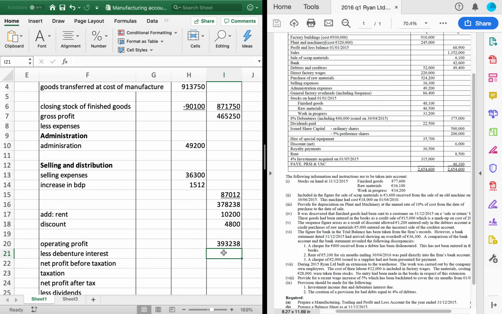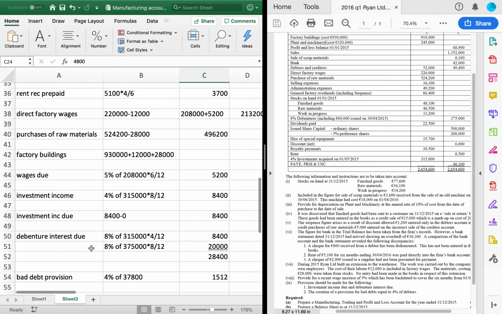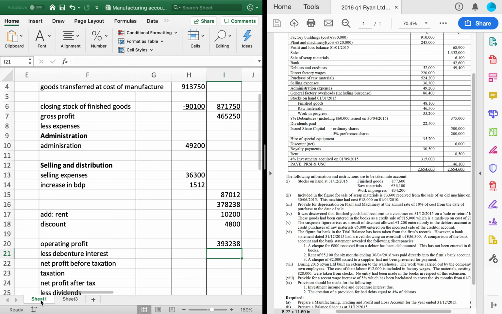Anyway, take away your debenture interest, which we worked out the last one of the last workings we did. It's just debenture interest, not debenture interest due. 28,400. We're going to take that away.